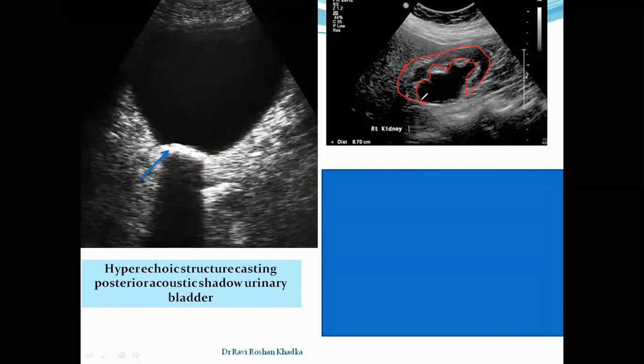The central part is black. We all know that in a normal kidney the center should always be white, the fatty sinus. But here you can easily see the black area. This is hydronephrosis. And see the corticomedullary area, the thickness is still maintained. So this is a case of hydronephrosis.